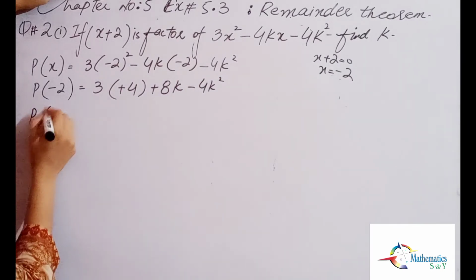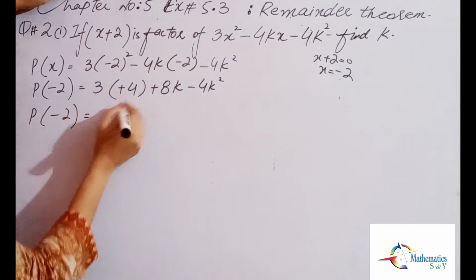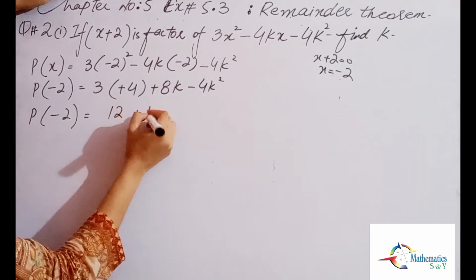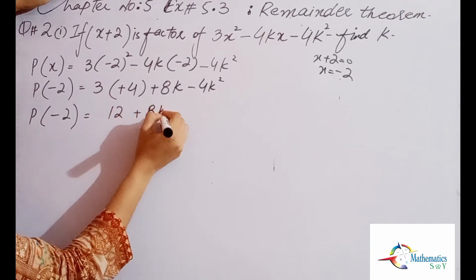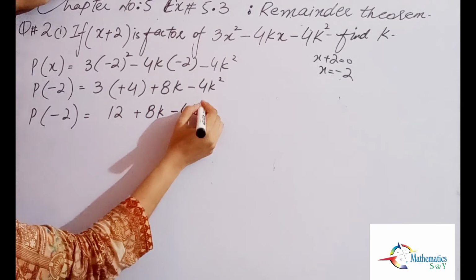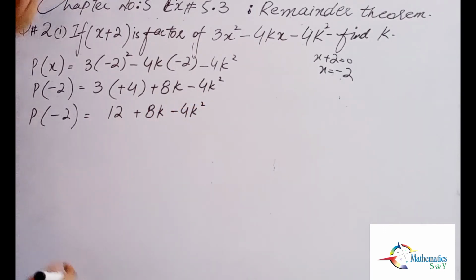From here, 3 times 4 is 12, plus 8k minus 4k squared.